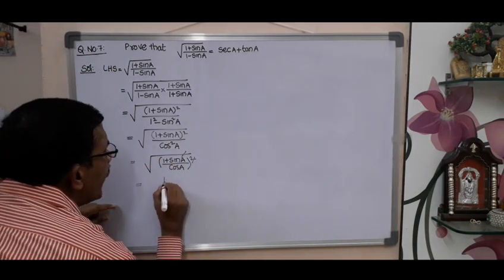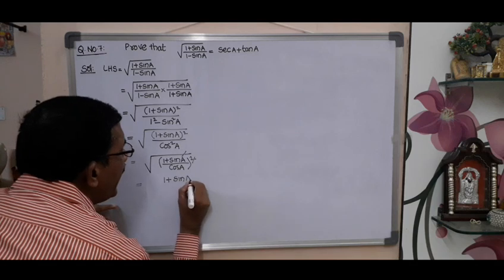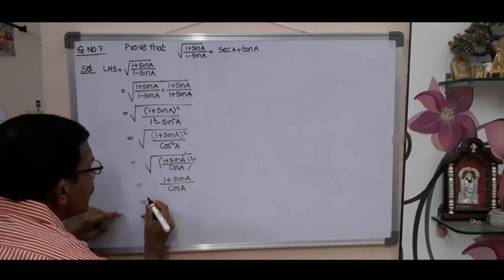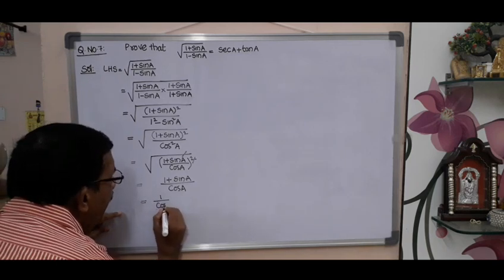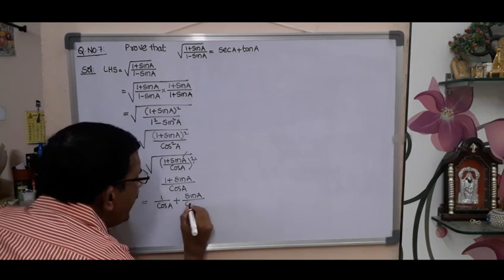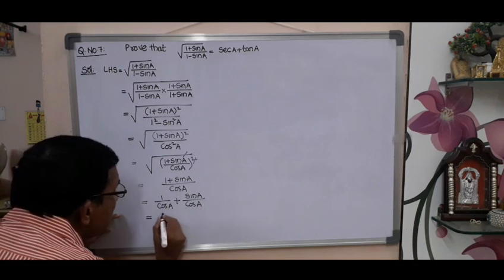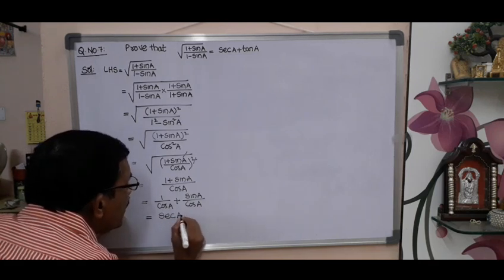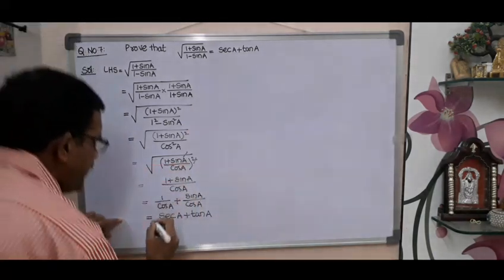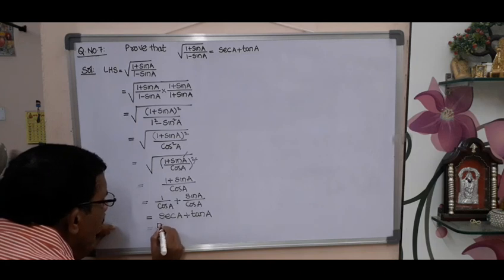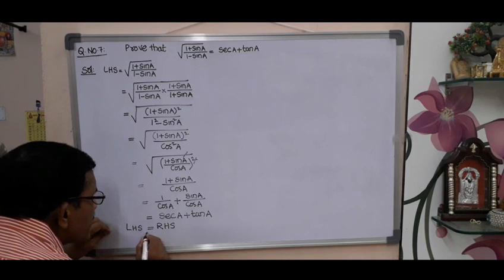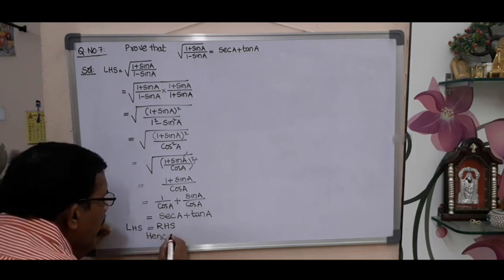Is equal to 1 plus sin A by cos A. Separating denominator, it is equal to 1 by cos A plus sin A by cos A. 1 by cos A is secant A. Sin A by cos A is tan A. So secant A plus tan A. That is RHS. LHS is equal to RHS. Hence proved.